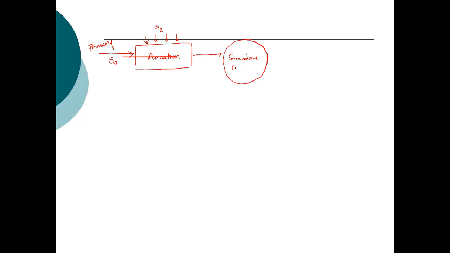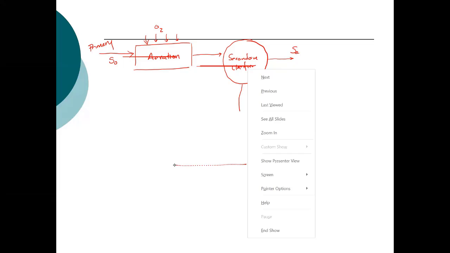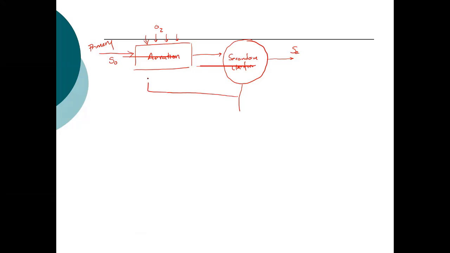This is our secondary clarifier. We have effluent from that, and we'll use S sub E to note the effluent. The sludge from that, some portion of that is recycled back to the aeration tank. So we need to reuse the microorganisms. So this is our flow rate for the return activated sludge. And some of that is wasted.